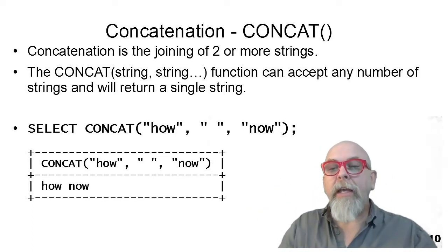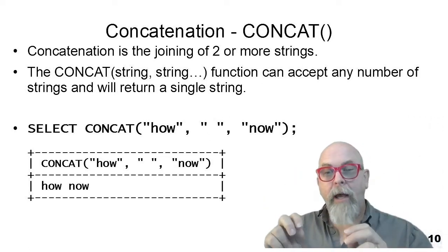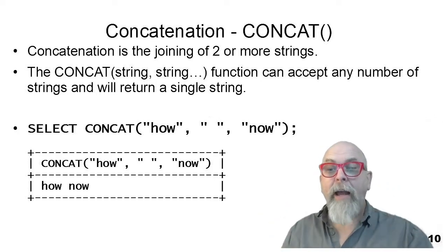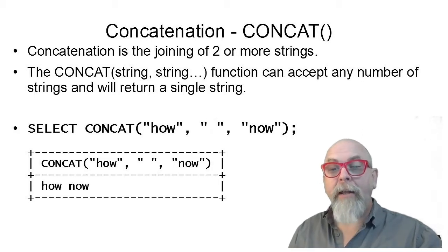So you can see here the select concat how, comma, space, comma, now would give us how now. Now, if I had left out this space and only concatenated how and now, the how now would have been run together into one single word.